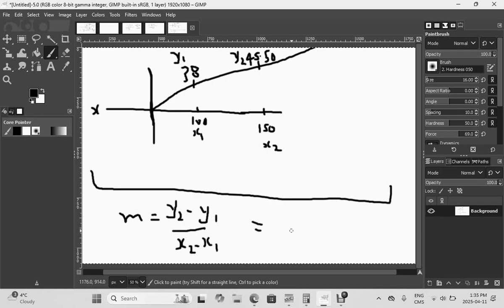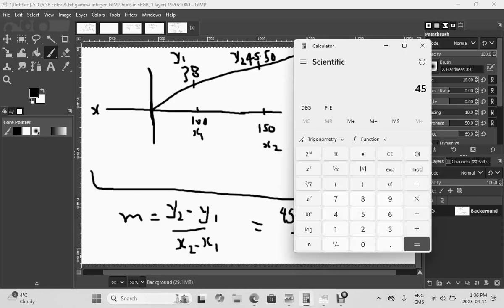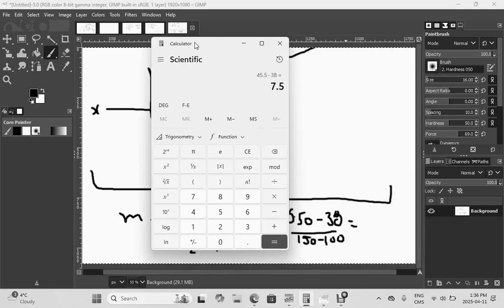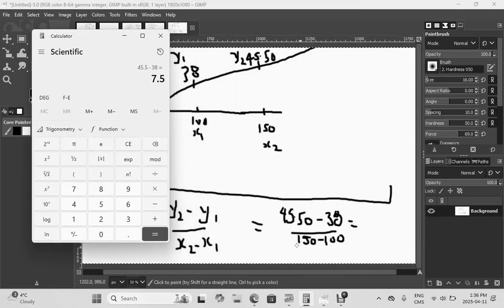So this will be 45.50 minus 38, over 150 minus 100. 45.50 take away 38 is 7.5, divided by 150 minus 100, which is 50.